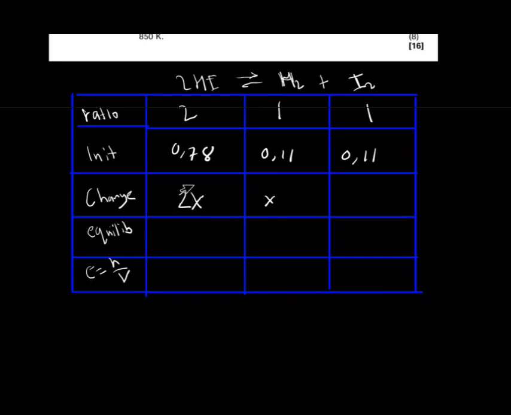Now notice the forward reaction is favored, so this is still your reactant and this is still your product. If the reverse reaction was the one that was favored, you would have to take this as your reactant and this as a product. So if the reverse reaction was favored, this one would now be minus, because it's now your reactant and this is your product.